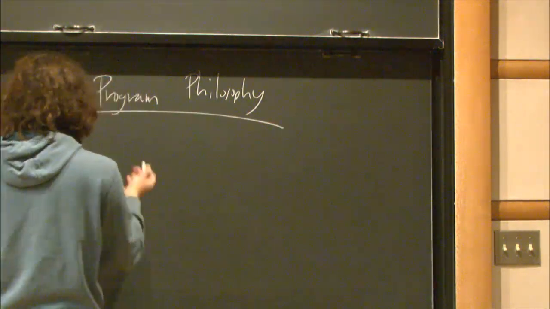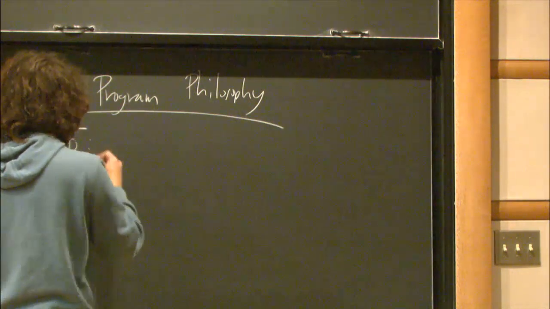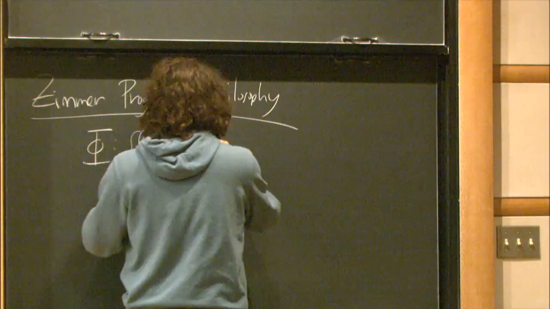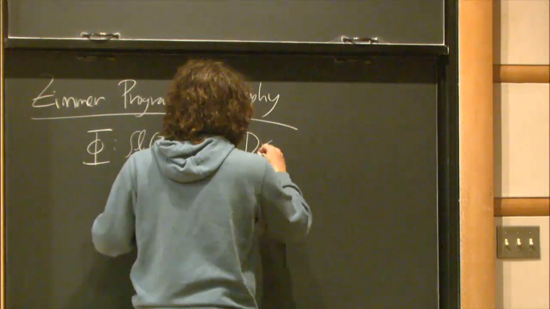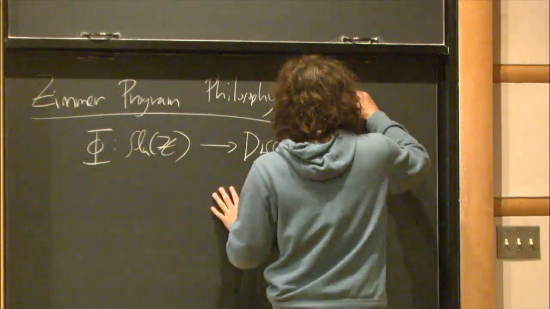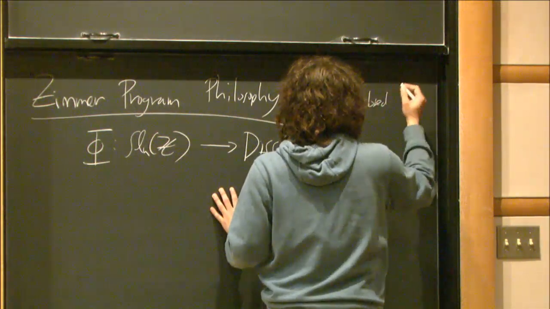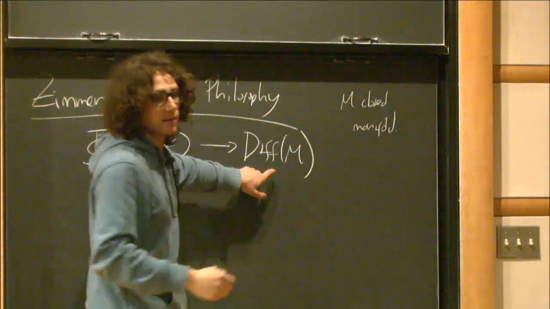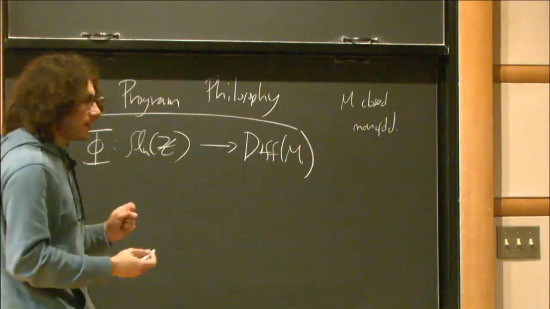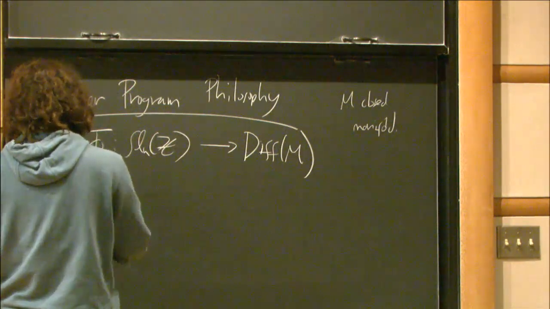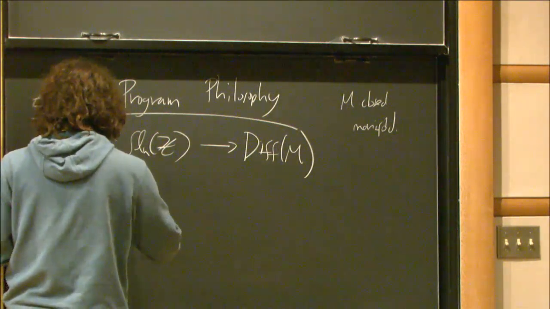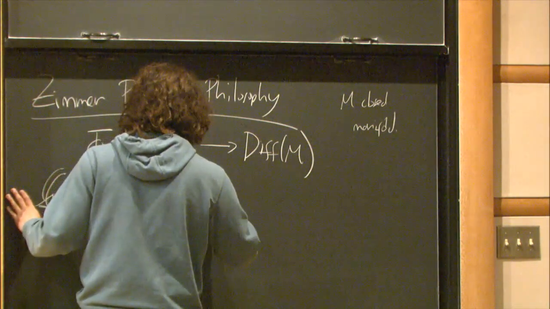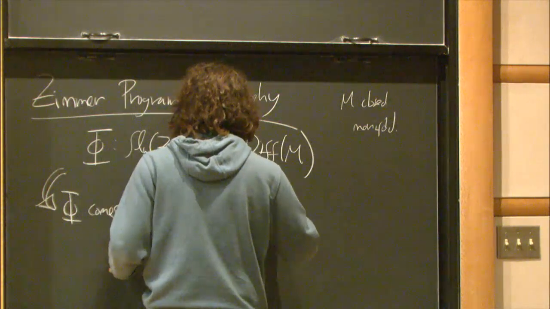So it's saying that if you have some action on some manifold, so here M is going to be a closed manifold, and these are going to be diffeomorphisms, then phi comes from a nice algebraic construction.